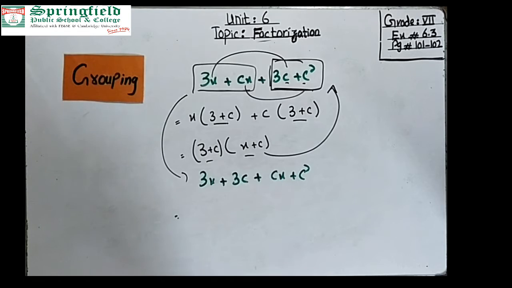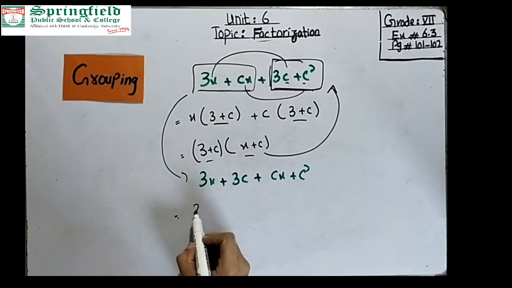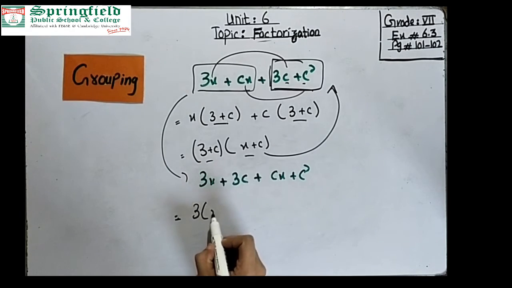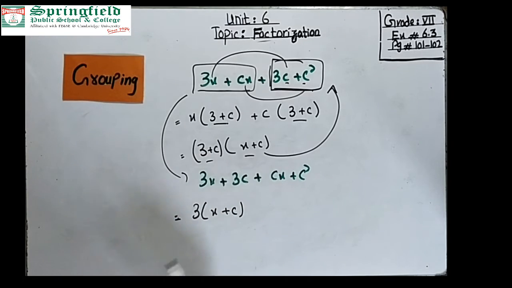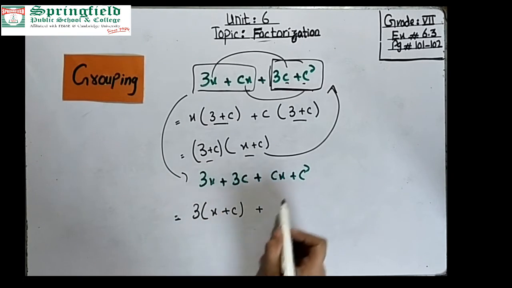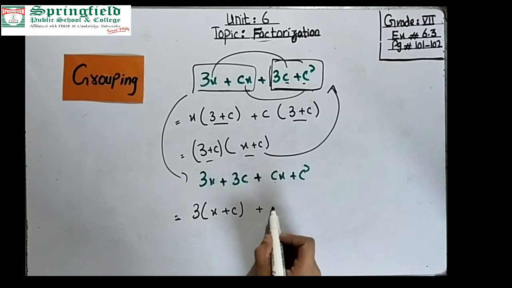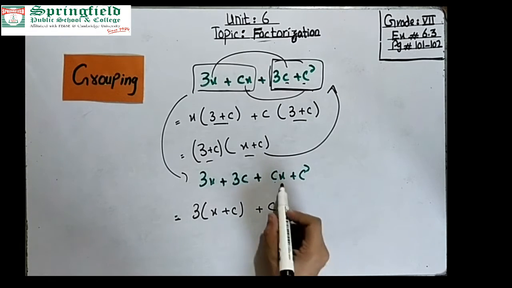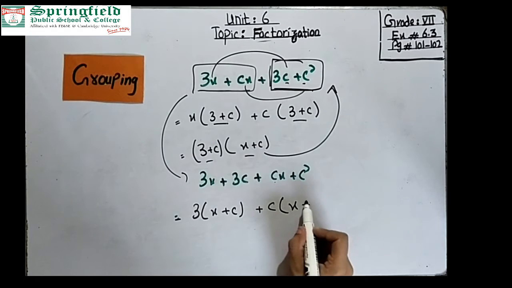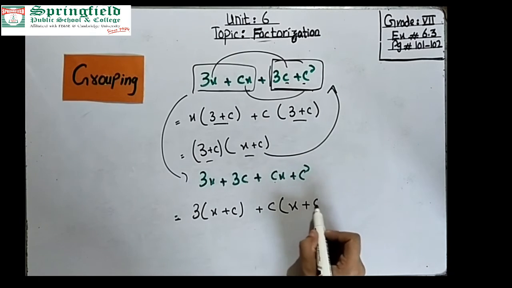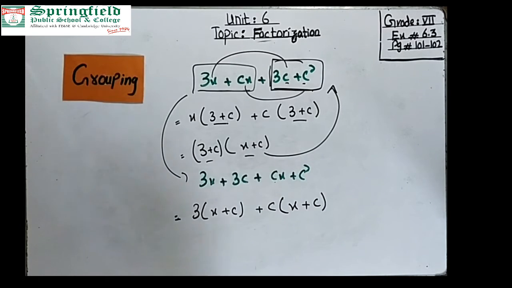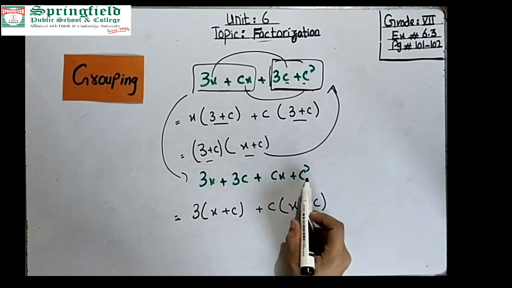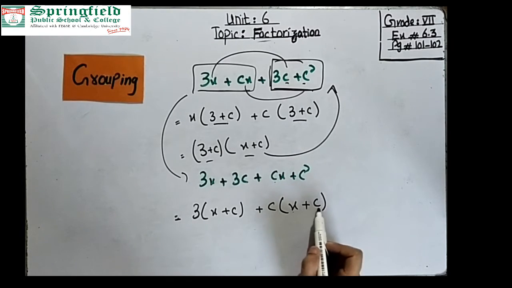Here 3 is common, so take the 3 common. And c common, just x plus c is left inside the bracket.